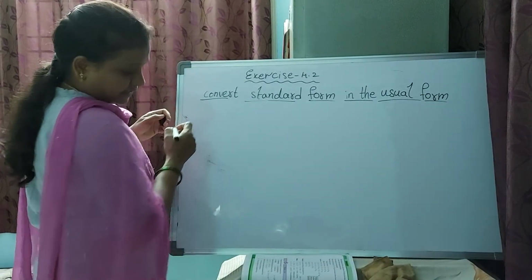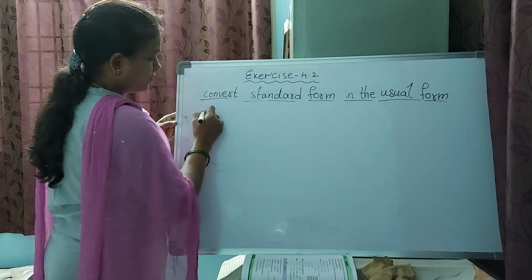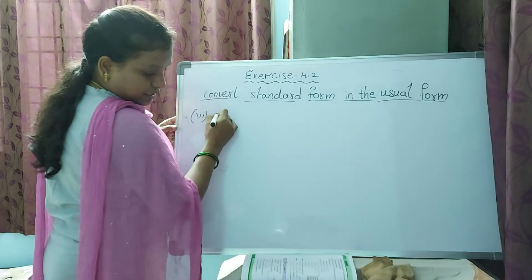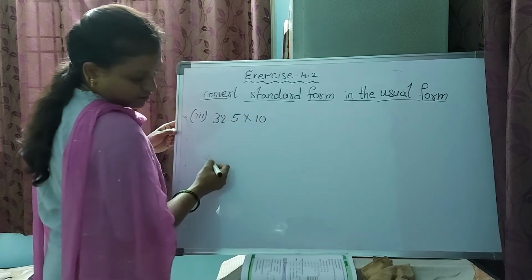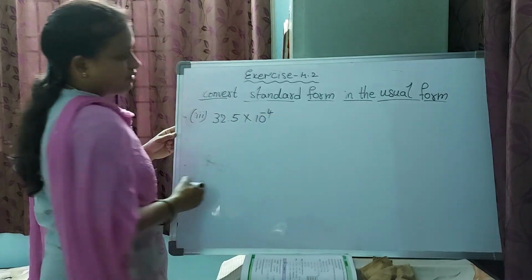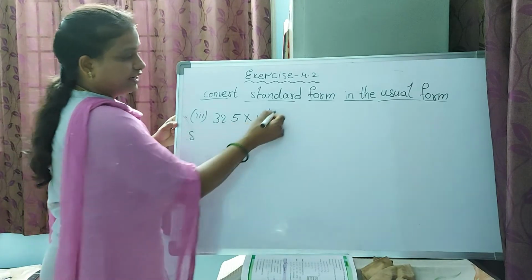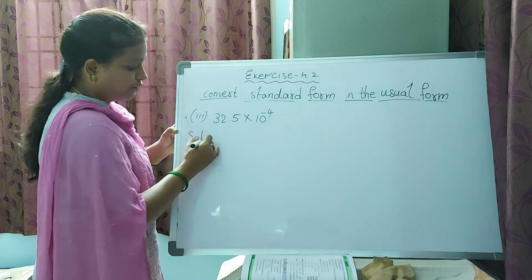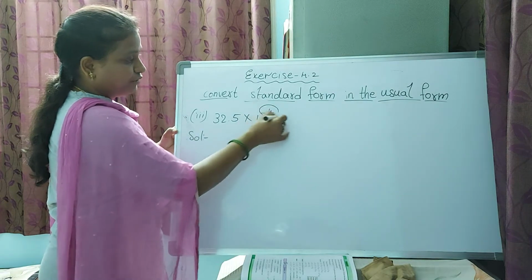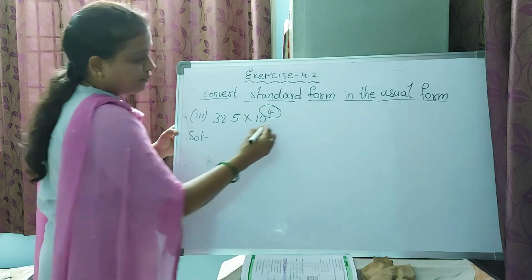See, for example, 32.5 into 10 to the power of minus 4. See here negative power. Up to now we saw the positive power, but see here negative power. How to convert this negative power? See this formula.